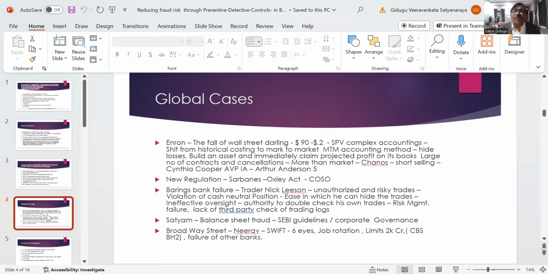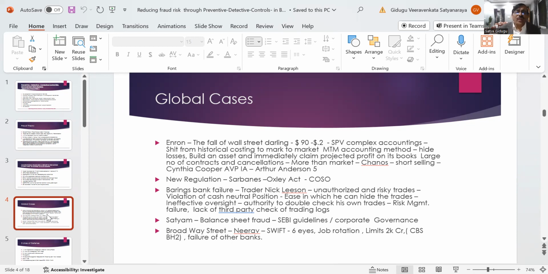Then the back office came to know something unusual was happening, and the bank collapsed because of one rogue trader breaching the thresholds set by the organization.